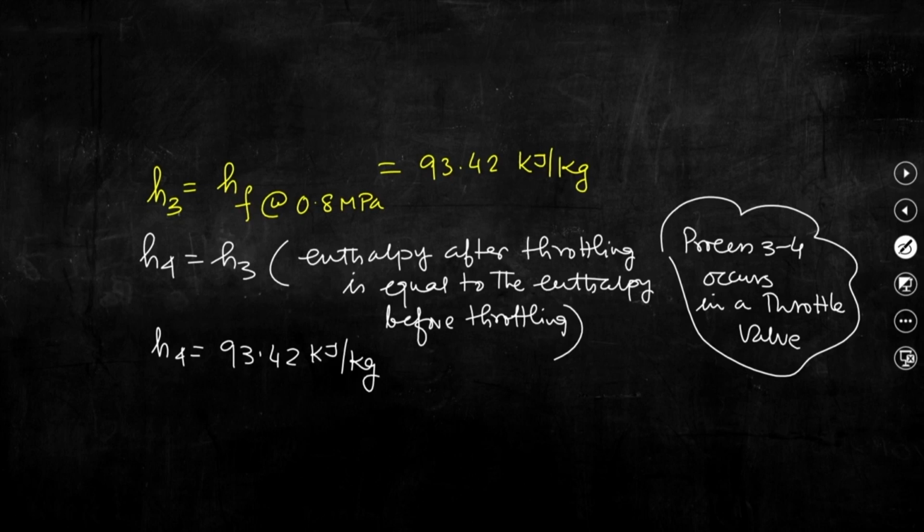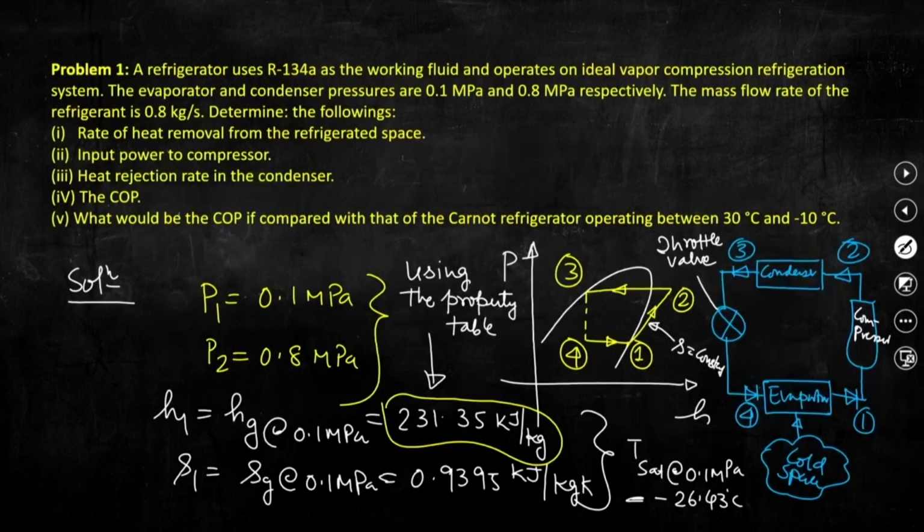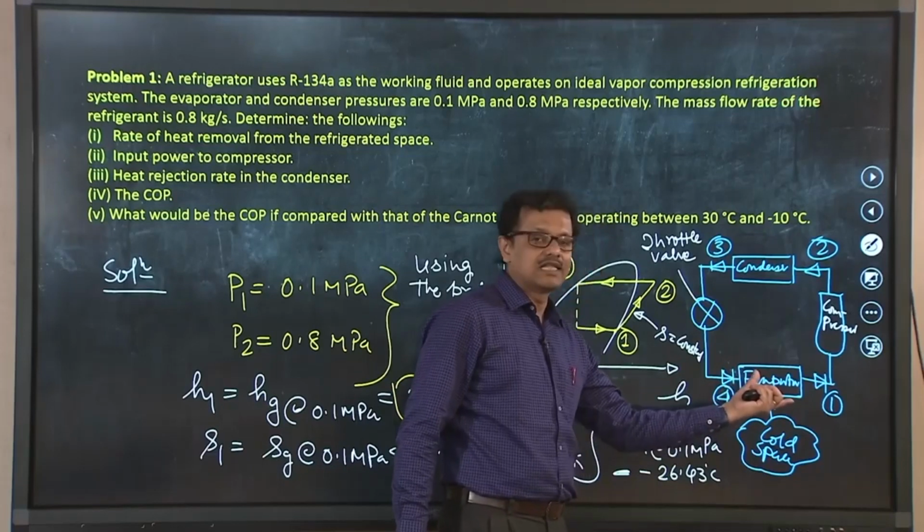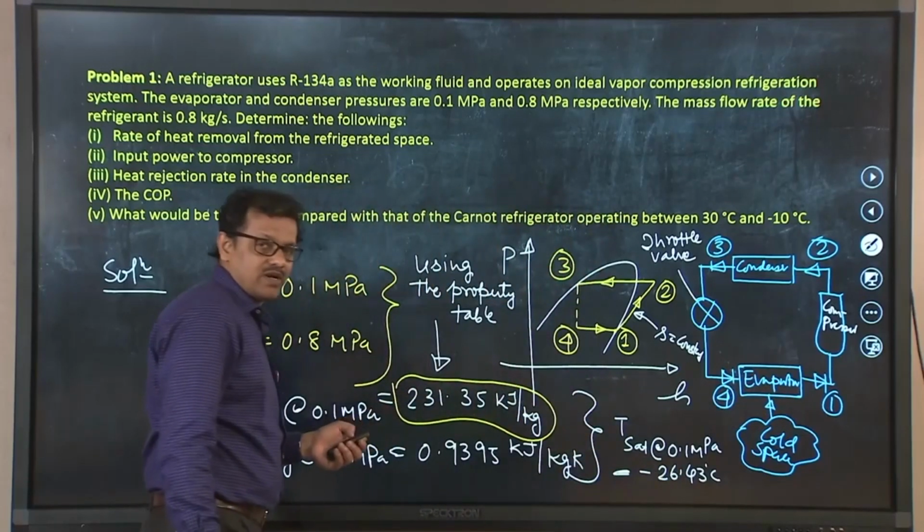Next, let us look into the problem statement once more. We have to calculate the rate of heat removal from the refrigerated space. So, what would be the rate of heat removal? Here the mass flow rate of the refrigerant is given, m dot refrigerant, multiplied with the change in enthalpy, that is H1 minus H4.